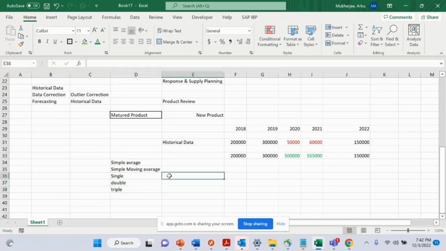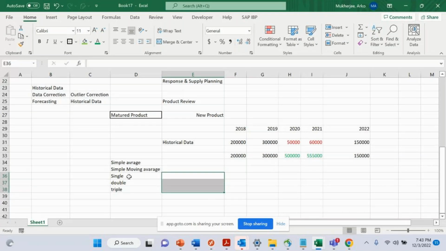Like in single, we have a parameter called alpha, there is beta and there is gamma. Most businesses have seasonality and trends, and if we can consider both of them, then we go to triple. Okay. So these are all the models available in IBP, and all of this is arithmetic based.